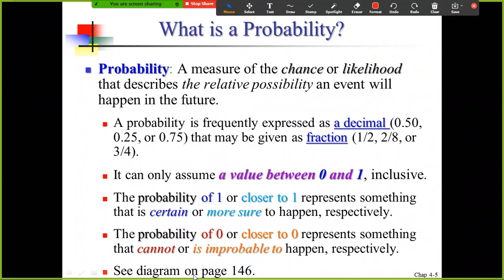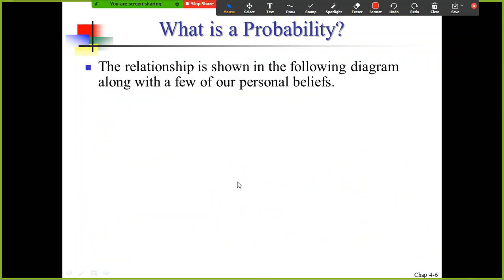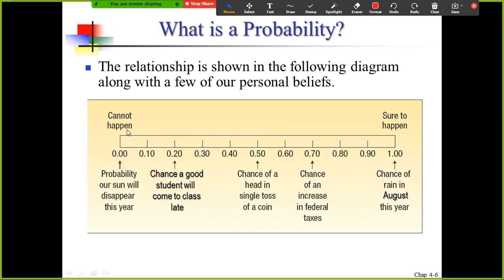By seeing the diagram on page 146, back to your textbook, you can check the diagram on page 146. The relationship is shown in the following diagram along with a few of our personal beliefs. This is probability of something is 0, cannot happen.